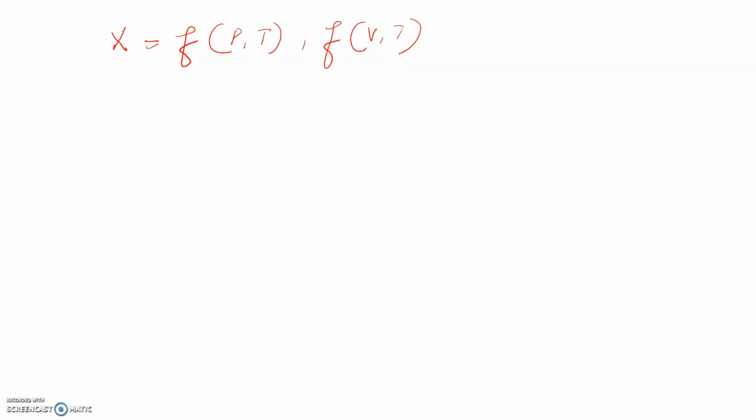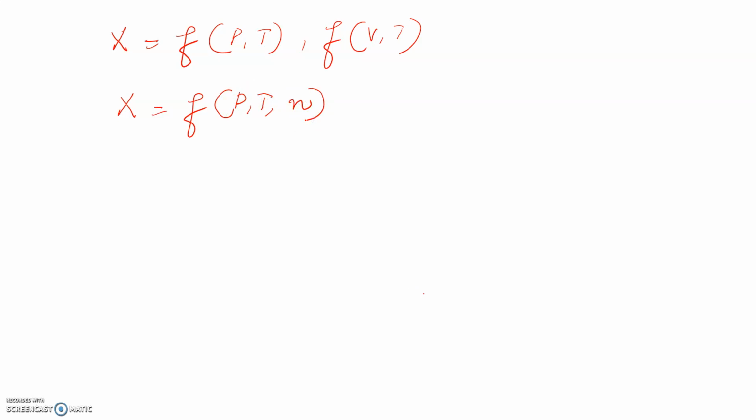But in open systems, we have to consider one more variable, that is the number of moles present in the system. So we have to write x as a function of pressure, temperature, as well as the number of moles in the system.